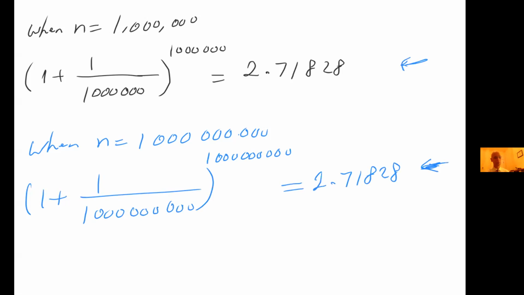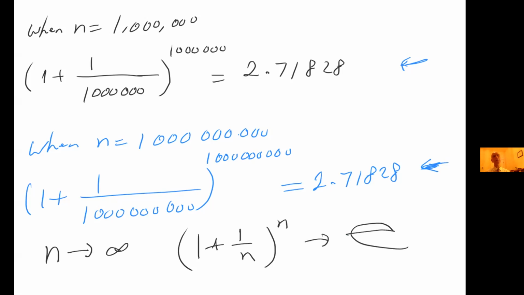So here's what happens. I was trying to stay away from calculus, but in the language of calculus, as n is getting larger and larger and larger, it tends to infinity, then 1 plus 1 over n to the power of n tends to the number e.